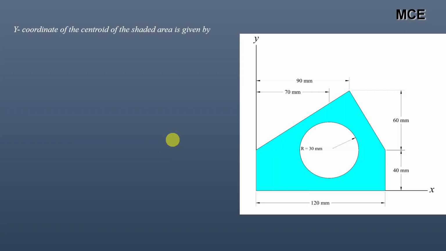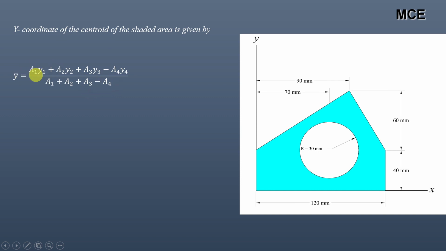Similarly, the y coordinate of the centroid of the shaded area will be given as a1 into y1 plus a2 into y2 plus a3 into y3 minus a4 into y4, divided by a1 plus a2 plus a3 minus a4.